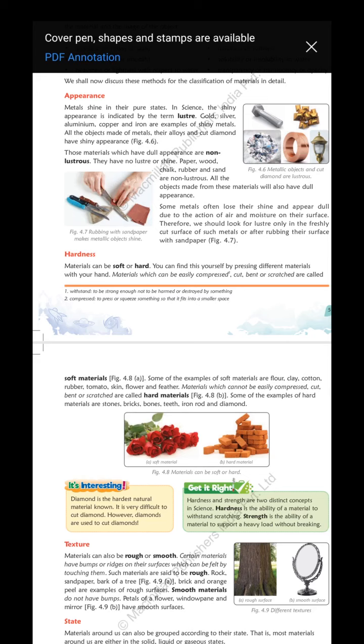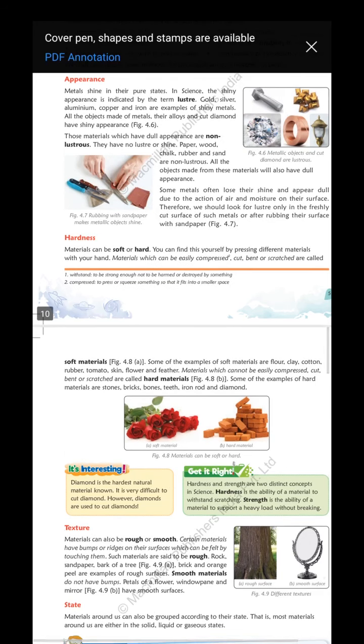Some are easily bent, and some are very hard. Iron and these all we cannot bend easily. Those are hard. Some are soft and we can mold easily, like plastic items and rubber we get from plants.